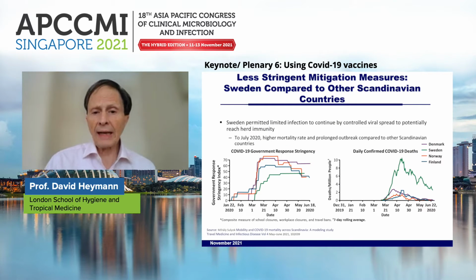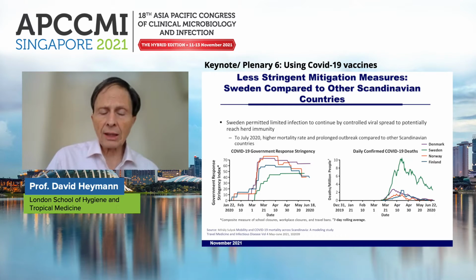And we've seen what happens when herd immunity effects develop in a country, such as in Sweden, which was not using vaccines because they weren't available. They decided to see if they could develop herd immunity by letting the virus enter in a controlled manner.